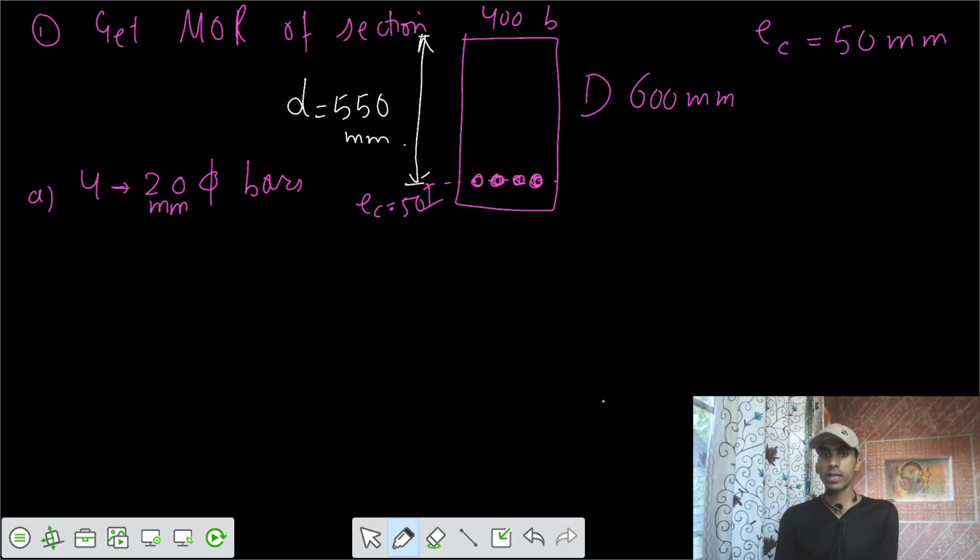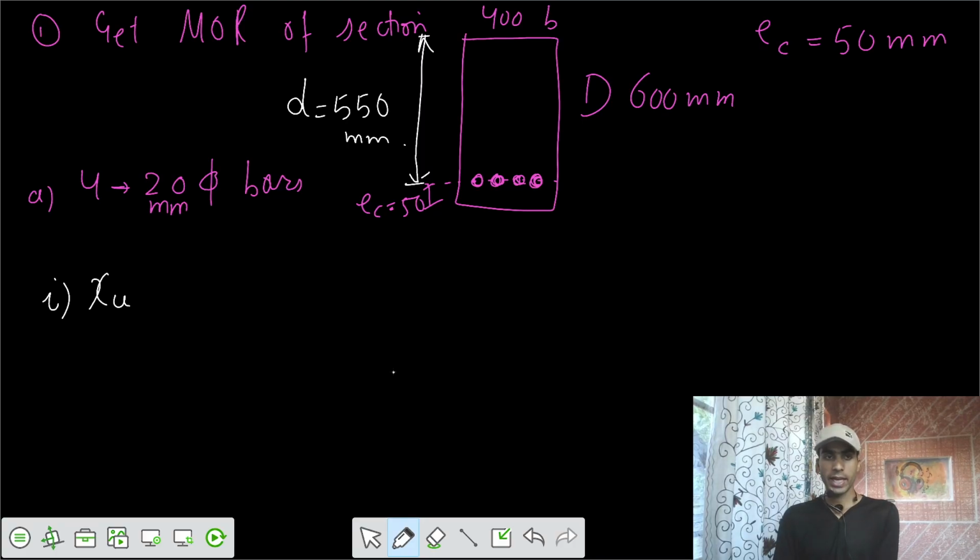So for the first case, we need to get the moment of resistance of the section. It's easy. The first step for calculation of that moment of resistance, when the section dimensions are provided to you, is to get the actual location of the neutral axis.